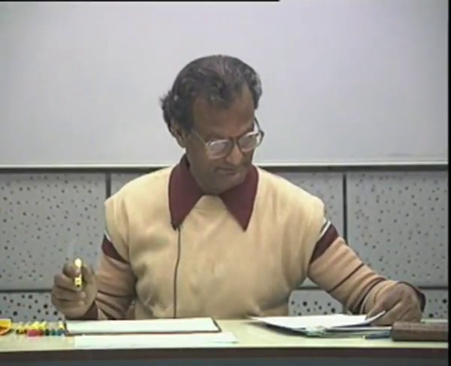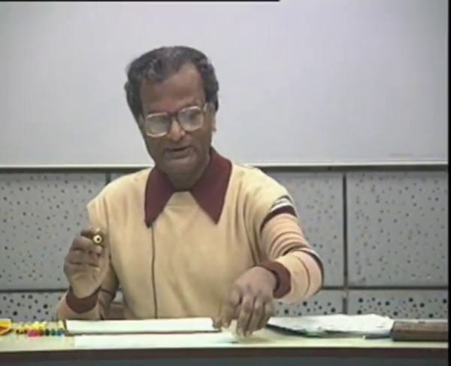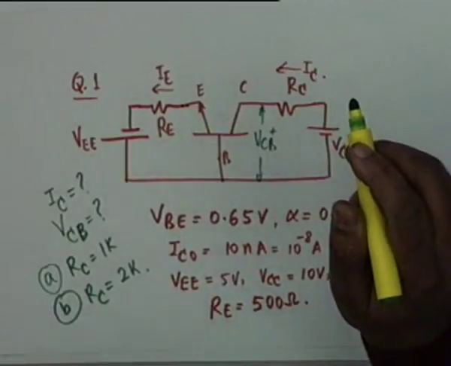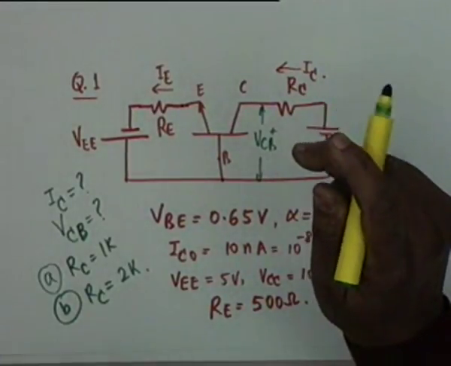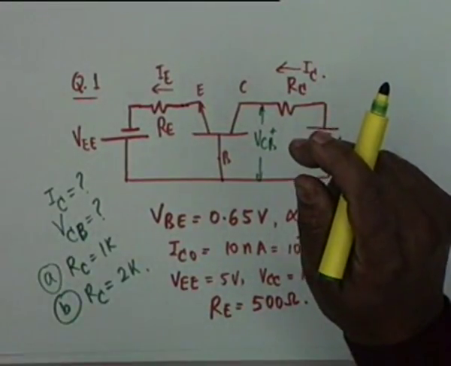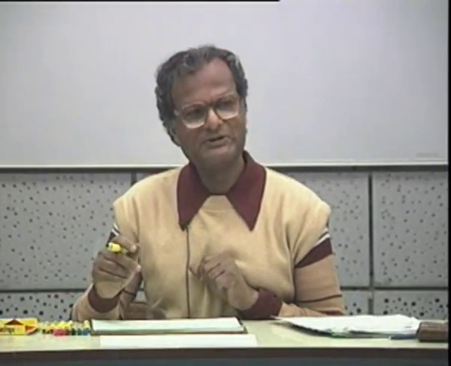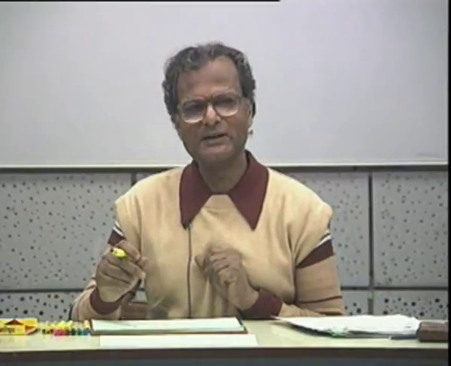My numerical calculations I am not very confident about. Okay. Now the transistor, I don't know whether the transistor is in the active mode or saturation mode. I don't yet know. So in these problems, one does not proceed blindly. One assumes a mode.